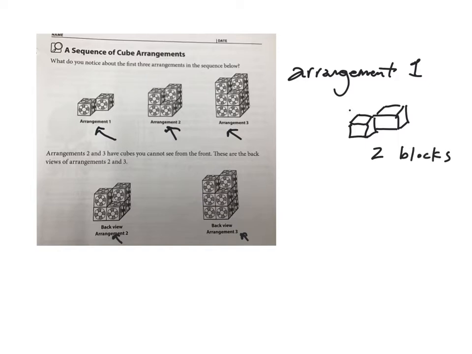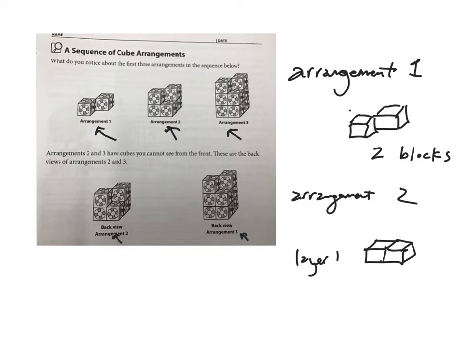Okay, now arrangement number 2, we have 2 layers. Okay, so that layer 1 is on the bottom, and we can see that that is 4 blocks connected together.